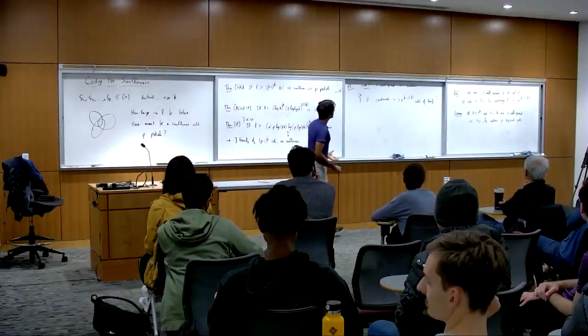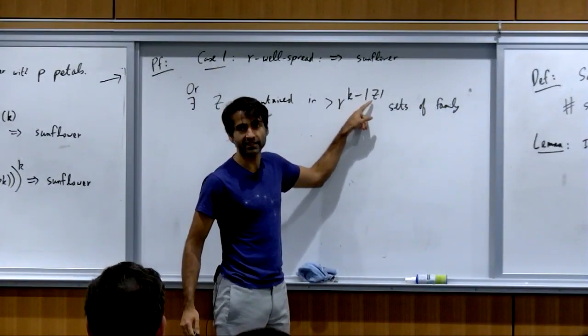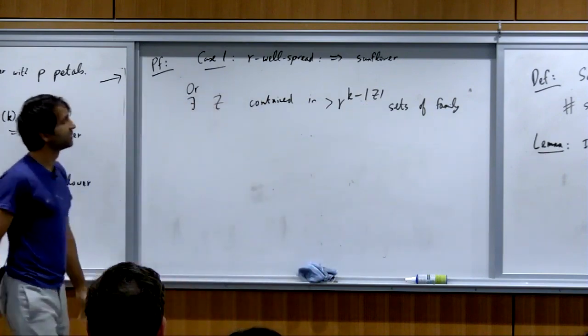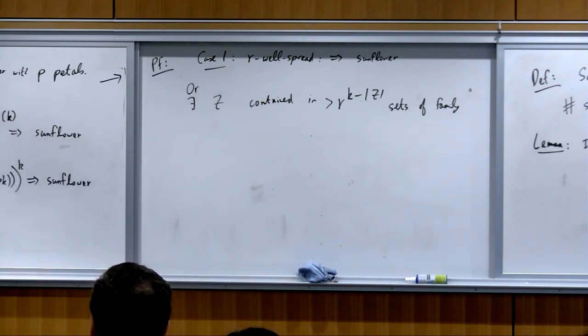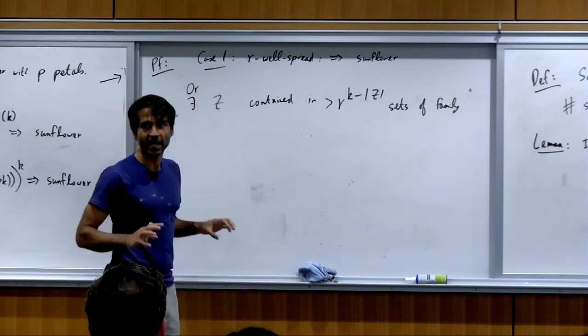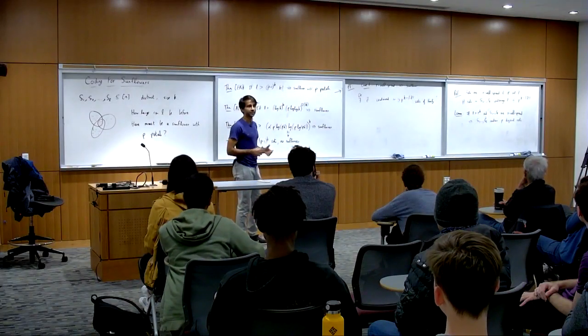So by induction, you get a family of sets of size k minus the size of Z, with more than R to the k minus the size of Z sets, so they contain a sunflower. By putting Z back into the core of the sunflower, you obtain a sunflower in the original family of sets of size k.